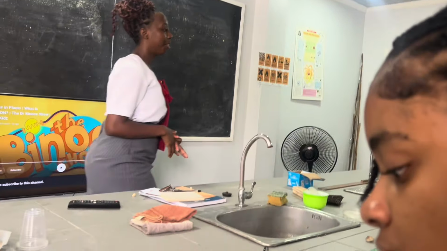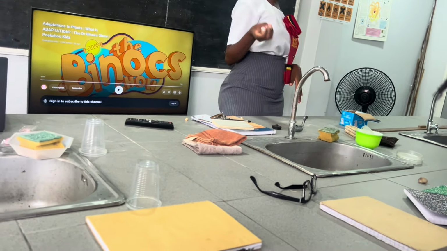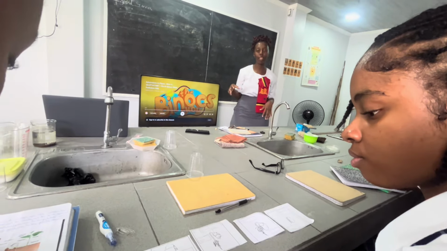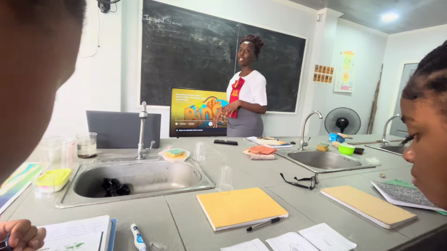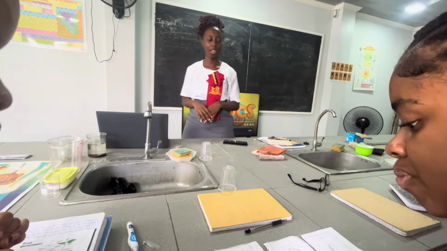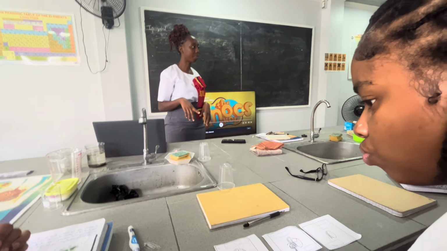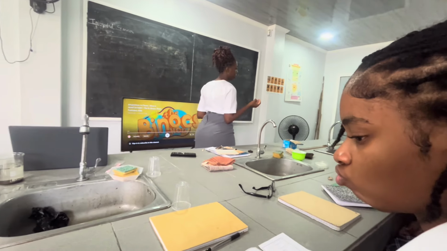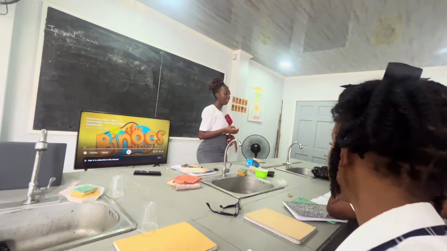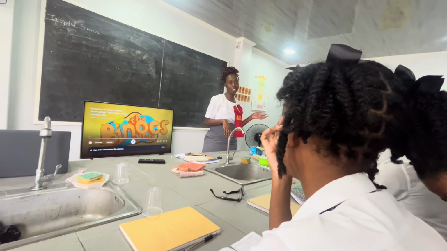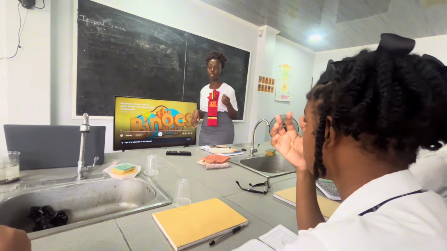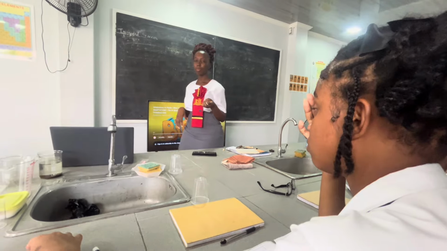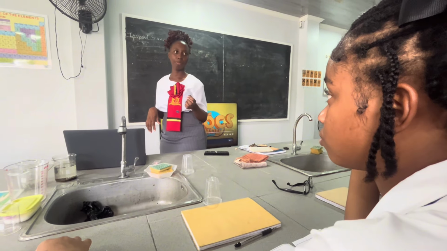Good. Remember now, the root is the part of the plant that absorbs water. So that's why that's the first part that's going to emerge. And as it grows, then we're going to notice the seed coat is going to come off. And then we're going to have what you're calling the leaf. And that part is called what? It's a P word.